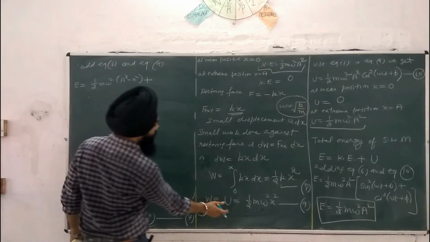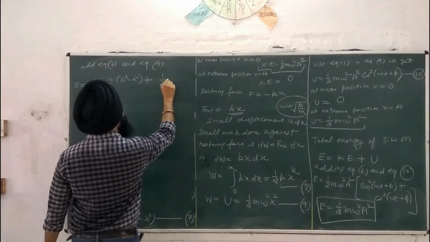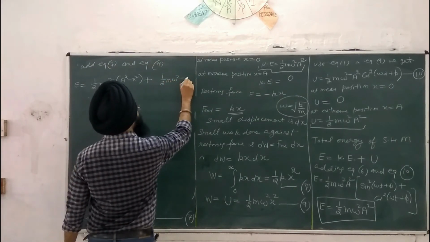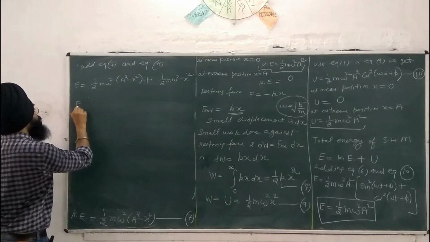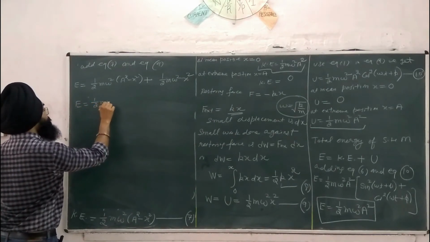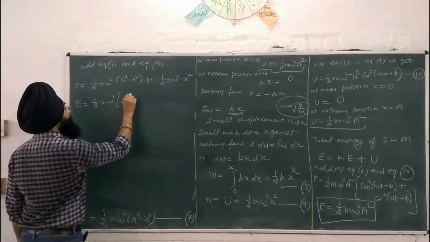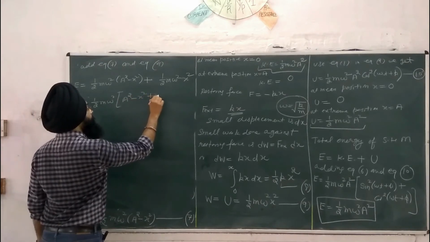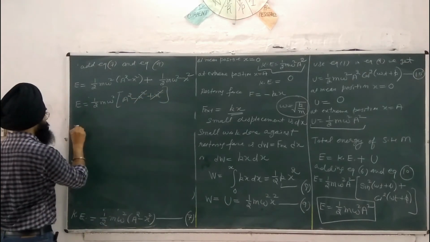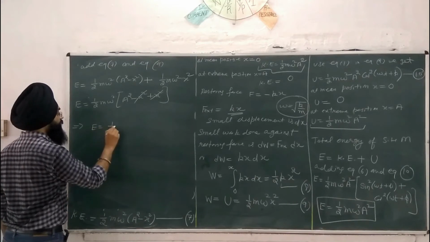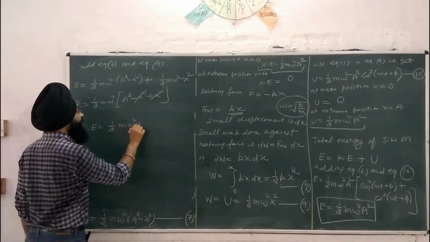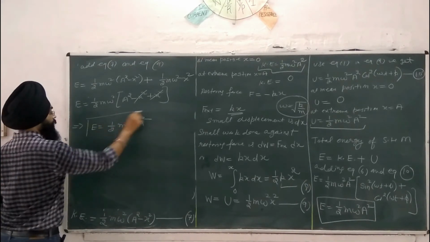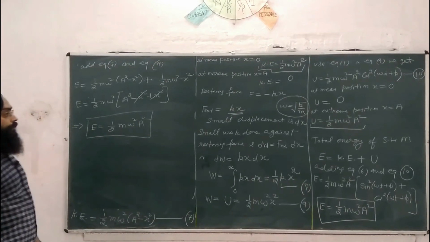There is equation 9, half m omega square x square. Again we get the same expression for total energy from the other two expressions.